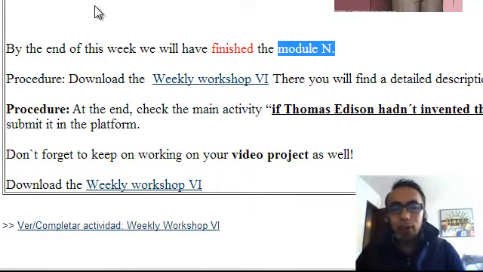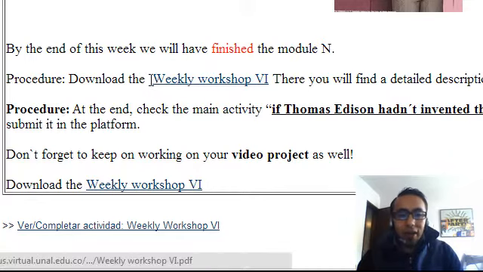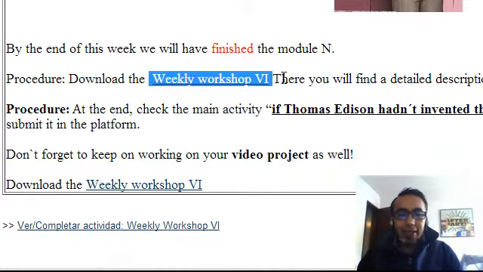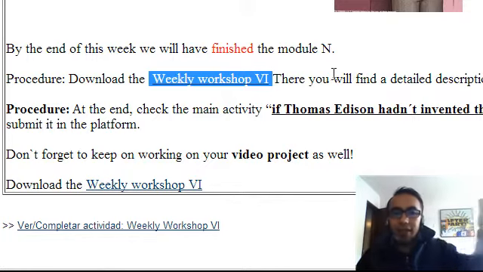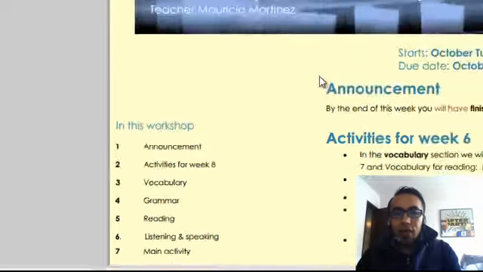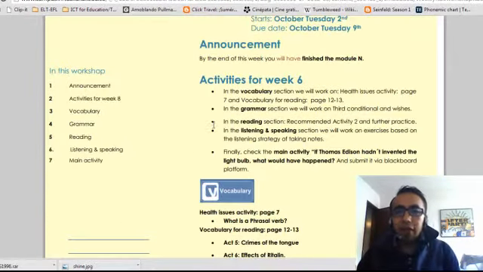For the second part, we have the weekly workshop number 6. Go to the platform, there you will find the activities section. You click on the weekly workshop, and then you have the PDF file.